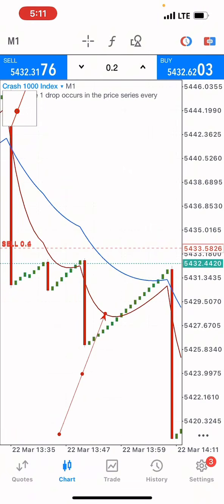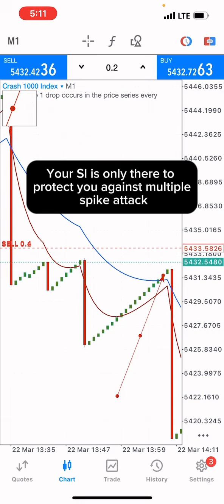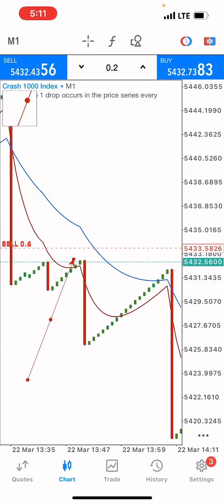You want to see that it goes back to retest the two moving average lines on your chart, and you place your sell, and then your SL should be above the structure of the previous spike. So if I'm selling here, my SL will be above this structure here.